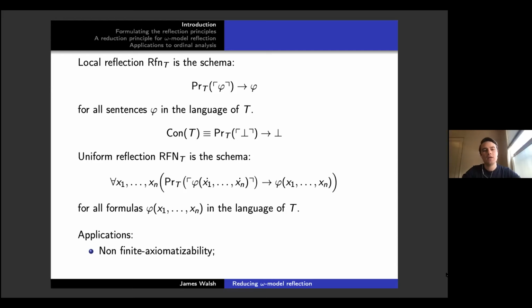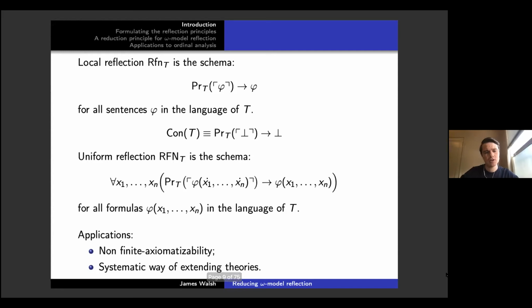What that means is that if you can show that a theory is equivalent to a uniform reflection principle, you've thereby shown its non-finite axiomatizability. For instance, you can show that PA is equivalent to uniform reflection over some weak arithmetic theories. And this provides a syntactic proof of the non-finite axiomatizability of PA.